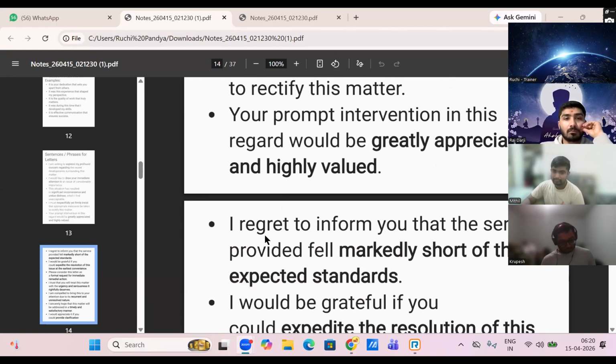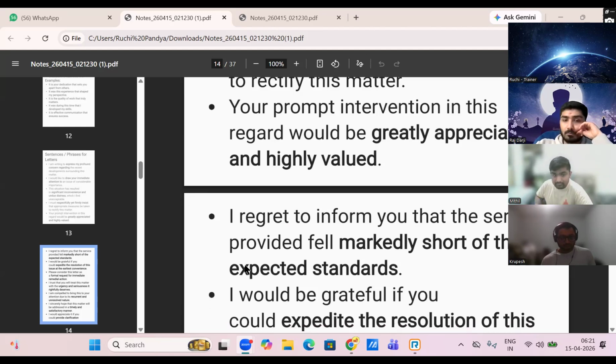I regret to inform you that the service provided fell markedly short of the expected standards. Markedly? ये सेंटेंस सब लोग लिख लो कहीं पे, रिपीट इट, राइट इट डाउन। क्या लिखना है? This one, the one that Mithil just read. I regret, फुल लिखना है क्या फिर? Full.